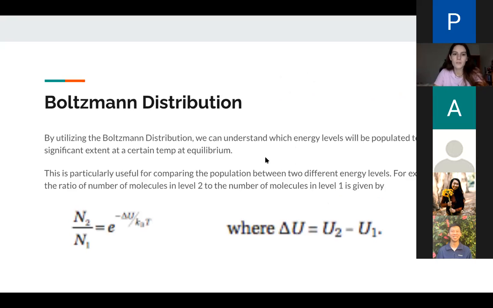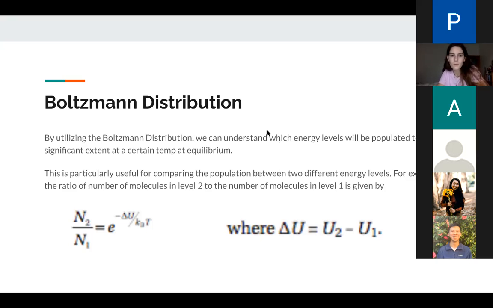So when we use the Boltzmann distribution, it can help us understand which energy levels will be populated to a significant extent, or to what extent energy levels will be populated relative to others at a certain temperature at equilibrium. This is probably going to be the most useful for comparing the population between two different energy levels.